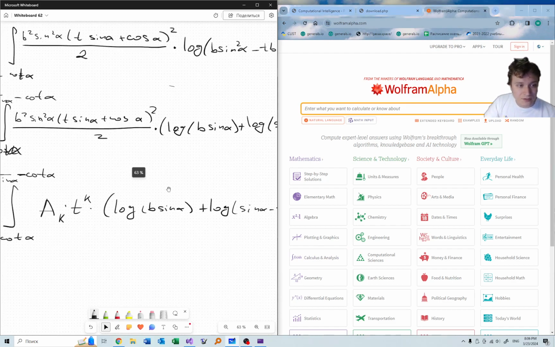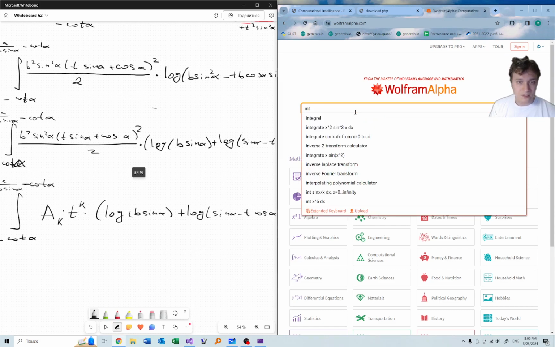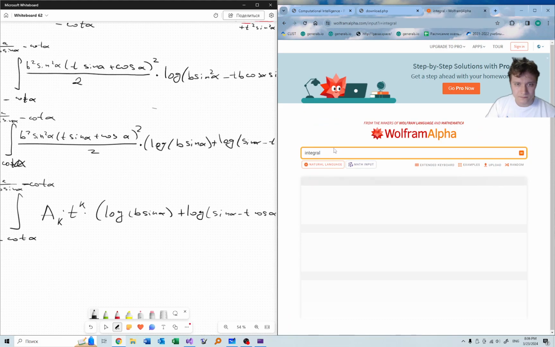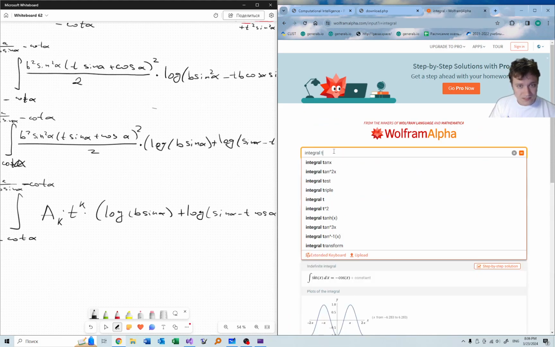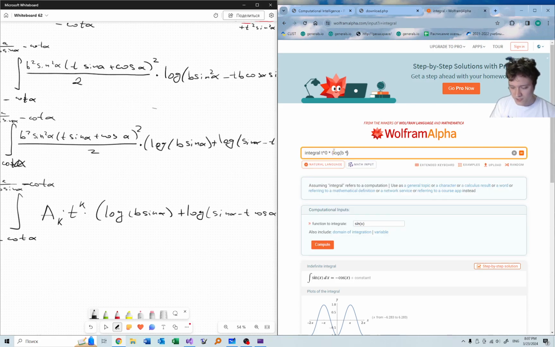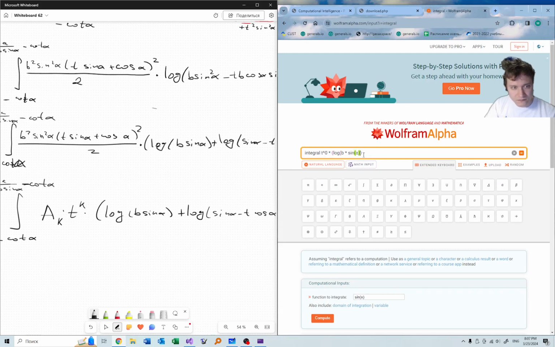So let's take the integral of t to the power 0 times logarithm of b times sine alpha plus logarithm of sine alpha minus t cosine alpha plus square root of 1 plus t squared, dt.